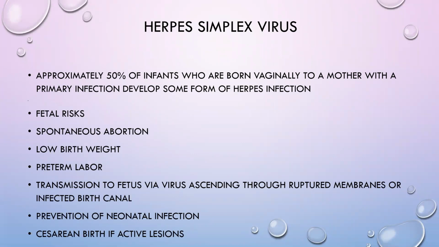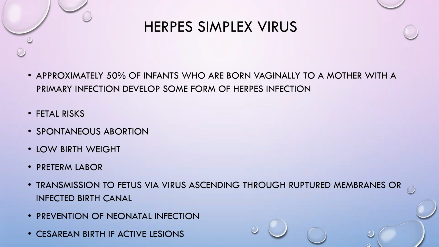Herpes simplex virus. About 50% of infants who are born vaginally to a mom who has herpes simplex virus as a primary infection will develop some form of herpes infection. So that's about half of all babies to positive moms.